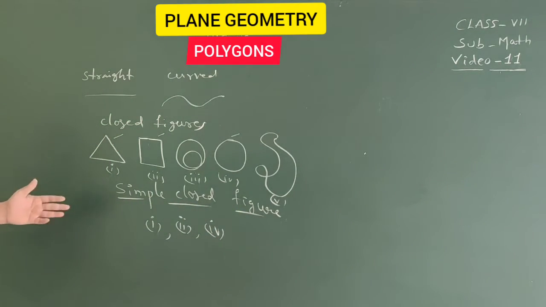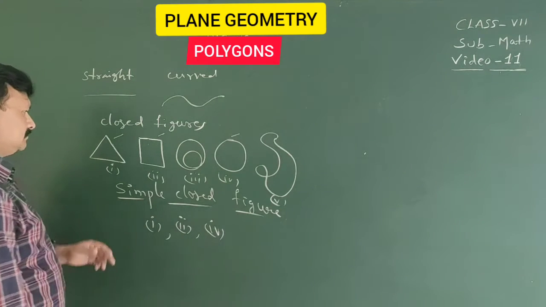What is the difference between closed figures and simple closed figures? In a closed figure, the initial and final points are the same. That's enough. For a figure whose initial and end points are the same, those types of figures are closed figures. Don't bother about the point of intersection.